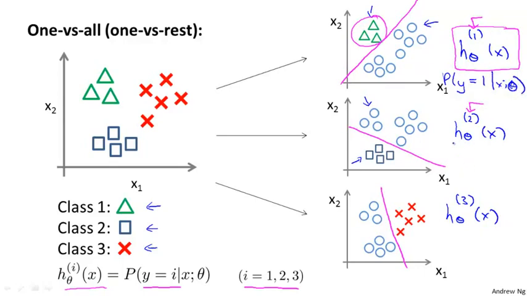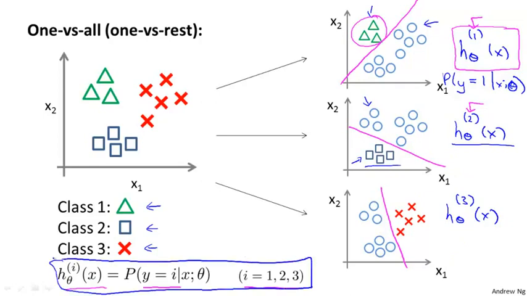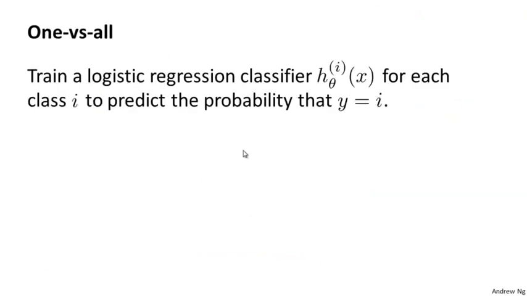And similarly, this is treating the square class as a positive class, and so it's trying to estimate the probability that y is equal to 2 and so on. So we now have 3 classifiers, each of which was trained to recognize one of the 3 classes. Just to summarize, what we've done is we want to train a logistic regression classifier, h superscript i of x for each class i, to predict the probability that y is equal to i.